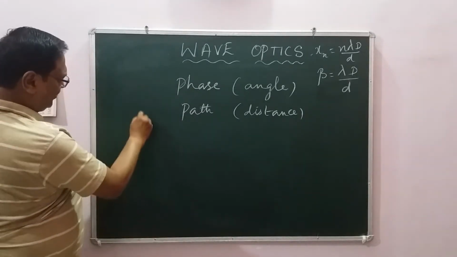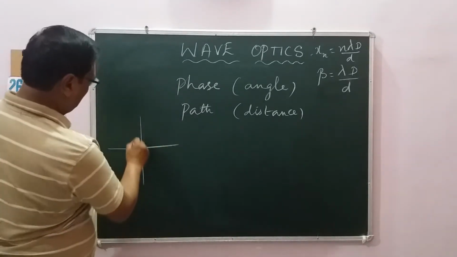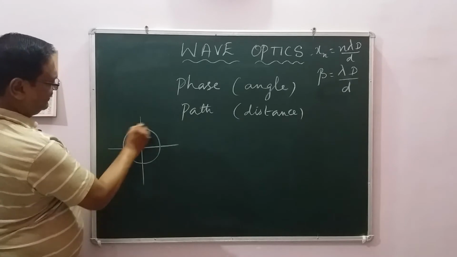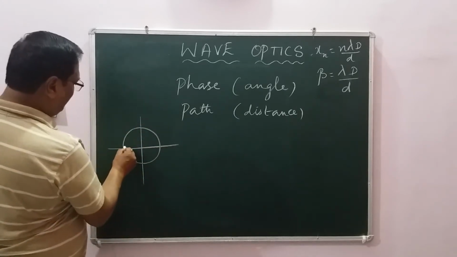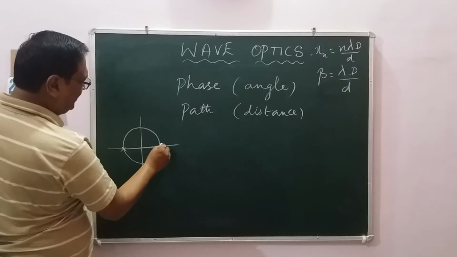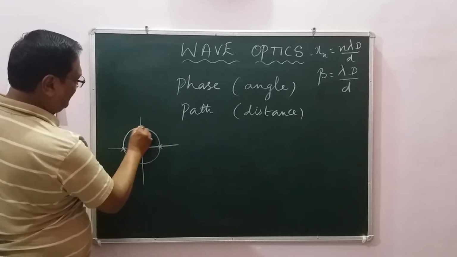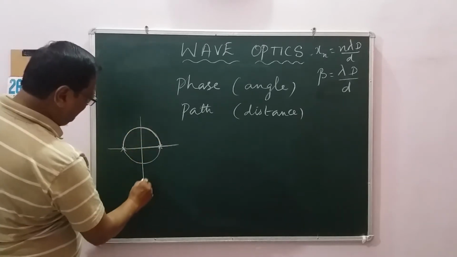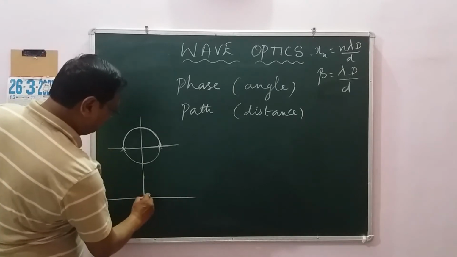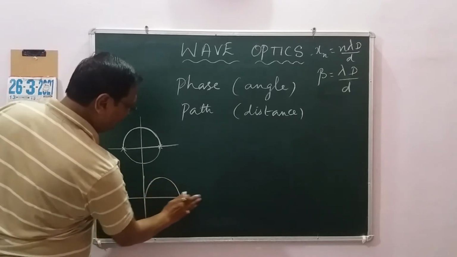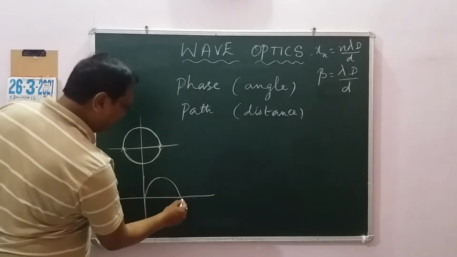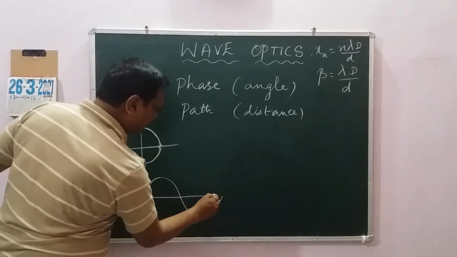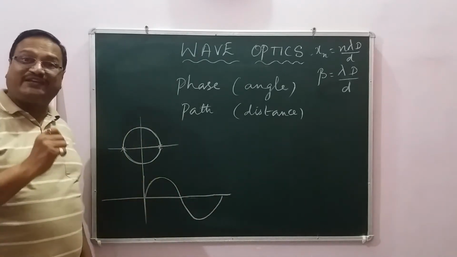Let me take for example a circle. Assume a circle like this. Let me form a wave. How should I form a wave? I take the upper half of it and I place the upper half like this. Now the lower half is there, and I bring the lower half here. Now what I form is a wave.